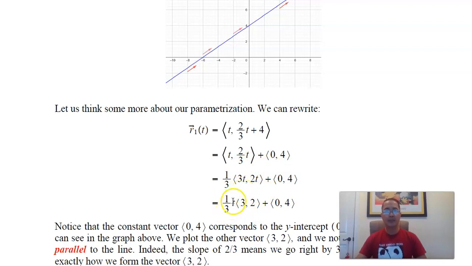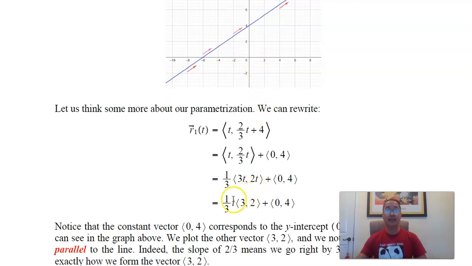It is a multiple by p of this vector (3, 2), plus this other vector. Of course (0, 4) corresponds to the y-intercept. What about (3, 2)? You go to the right by 3 and you go up by 2. Of course that represents some kind of a slope.